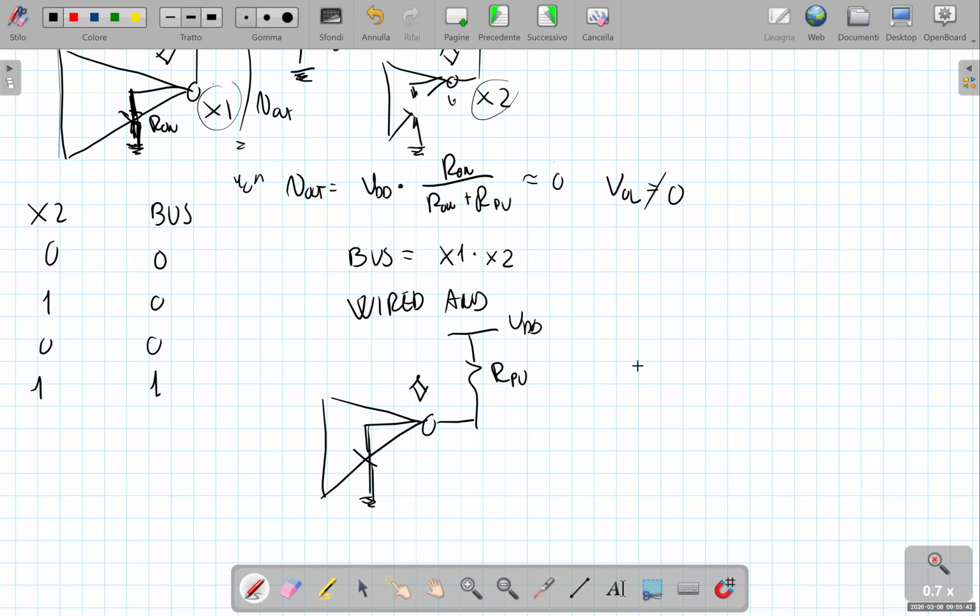So at the low logic level, the equivalent circuit is a voltage VDD times R on divided by R on plus RPU, as calculated before, which should be close to zero, with resistance R on, the on resistance of the pull-down network, that is quite small.